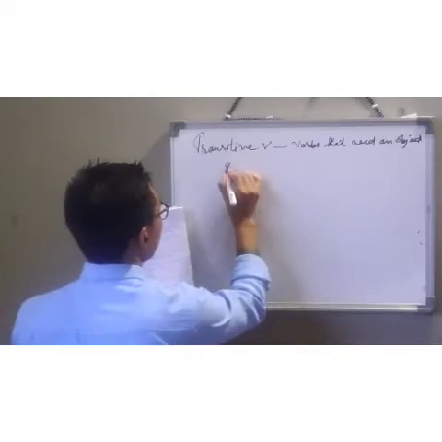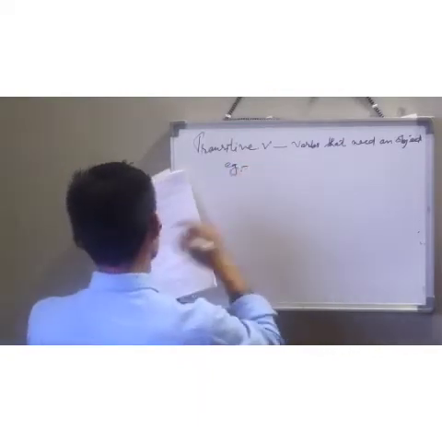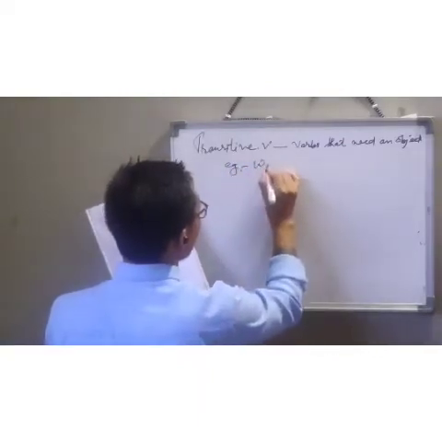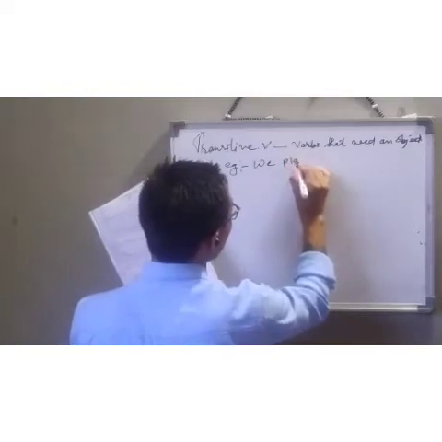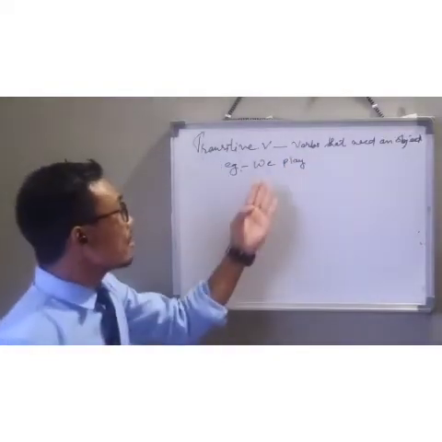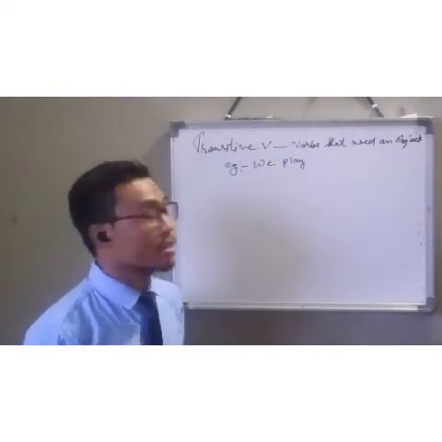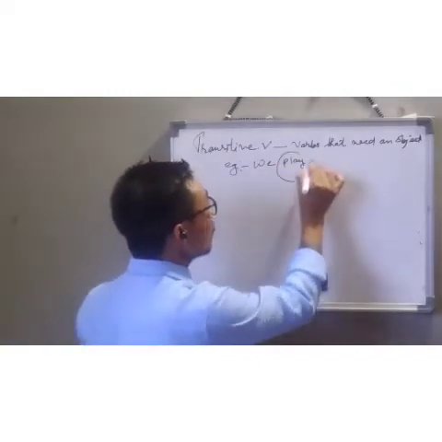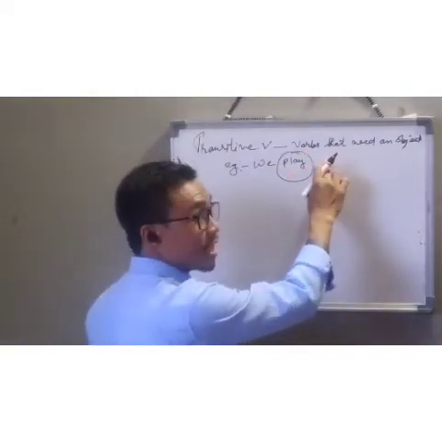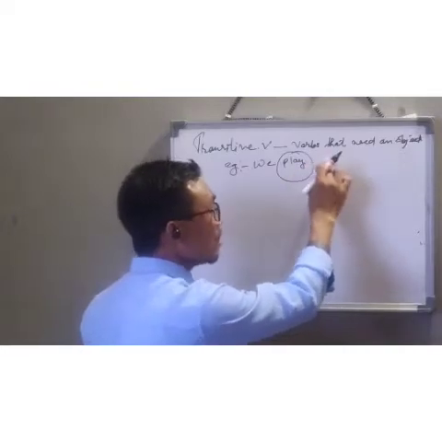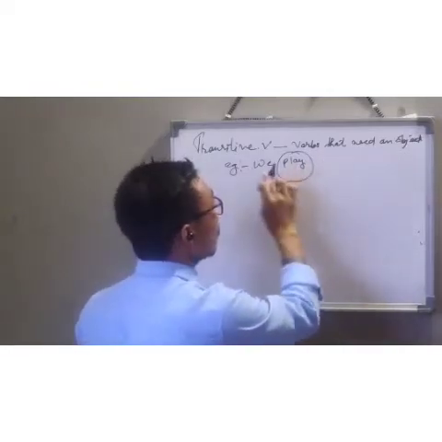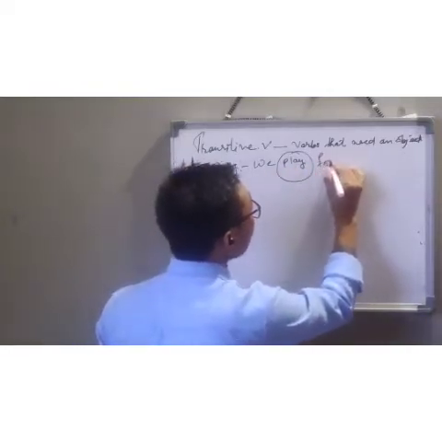Example, we play. If I say we play, then we play what? This action word play needs an object so that it can be performed. We play football.